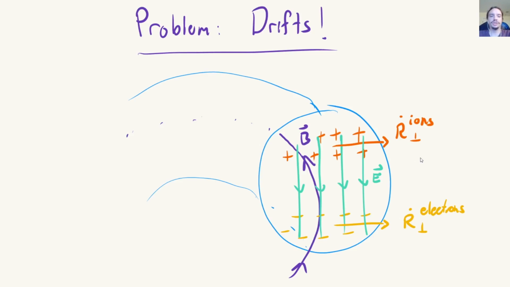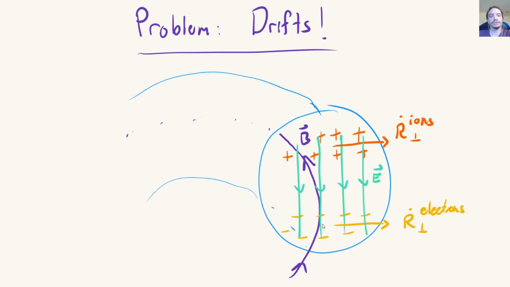They'll get slammed into the walls of the reactor where, well, they're really, really hot. If we're trying to do fusion, they're just going to melt the walls of the reactor. So this is really, really bad. We need to make sure that we avoid this problem of drifts. It seems like all hope is lost for toroidal confinement.